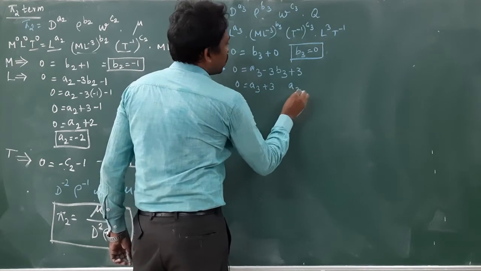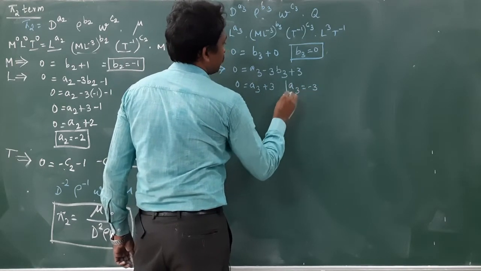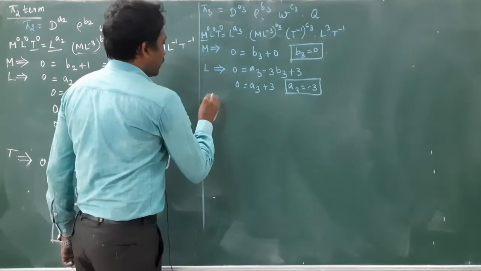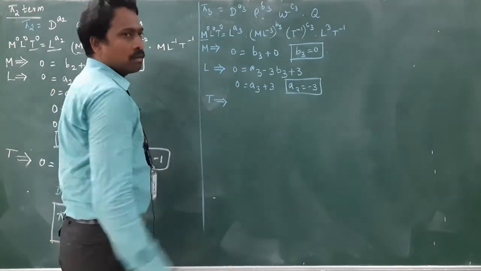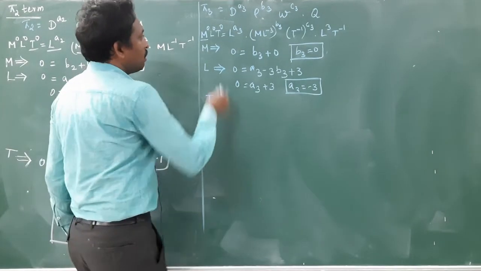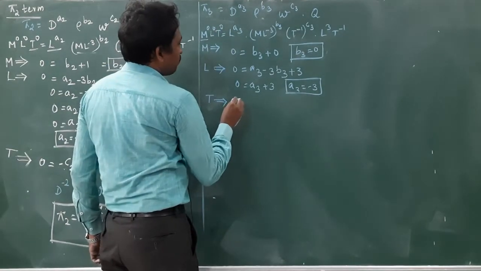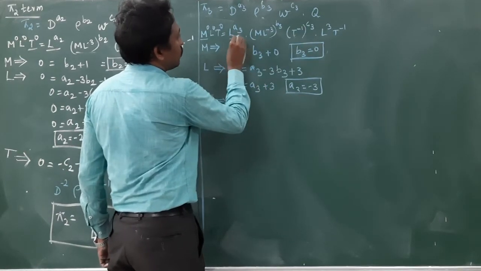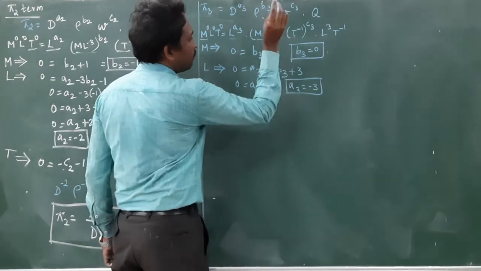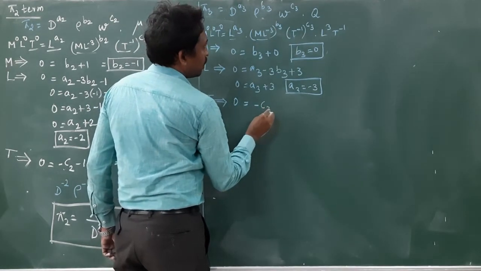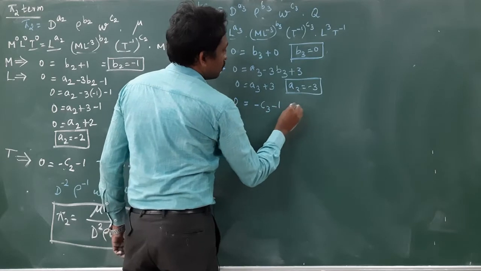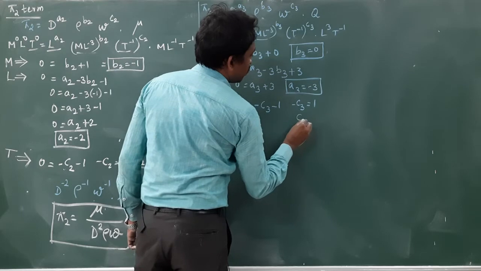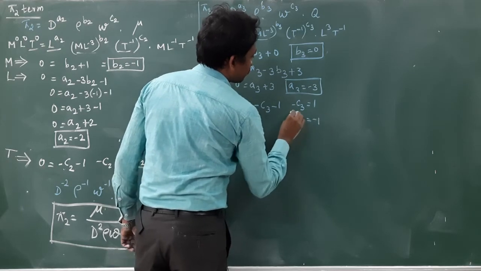Then A3 equal to minus 3. Find out the power of T. Left hand side T power is 0. Here there is no T term, here T power is minus C3 minus 1. So minus C3 equal to plus 1, then C3 equal to minus 1.